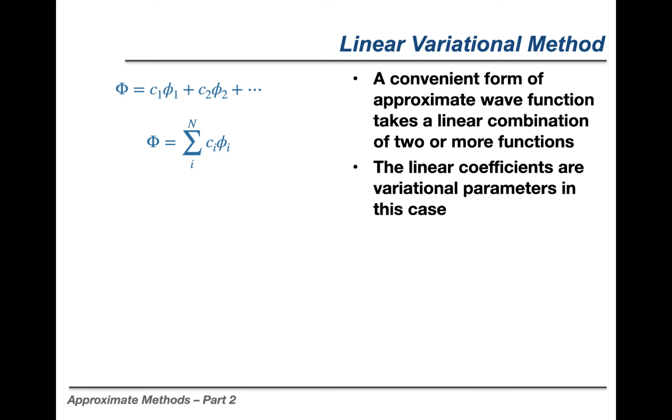We can change the c's and get different admixtures of the different functions we've included, and we'll get different energy expectation values. If we choose the values for the c's that give us the lowest energy, then we can assume that that form of our function is the best approximate form of the exact solution.